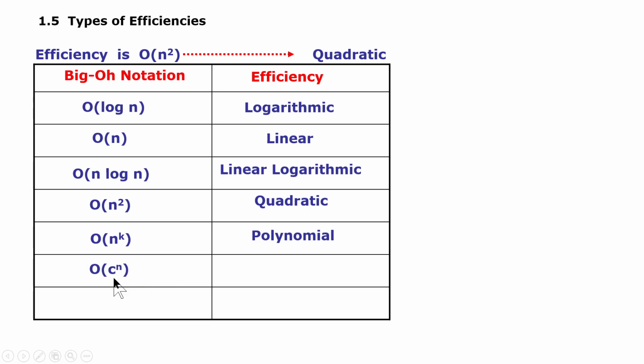When we write c raised to n, this c is a constant. n is not a constant, c is a constant. In this case, we say that the efficiency is exponential. Finally, we have big O of n factorial, and then we say that the efficiency is factorial. So basically in this table, you have not studied anything difficult. You have simply studied some names which we give to the efficiencies depending on the big O notation.